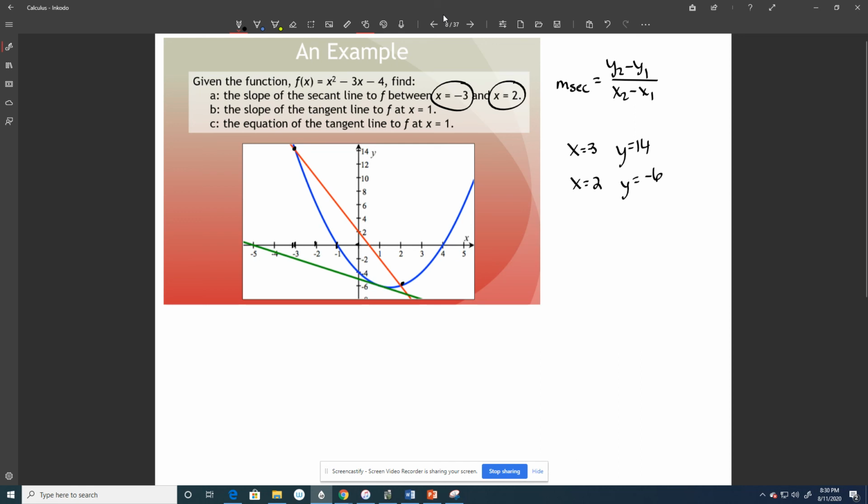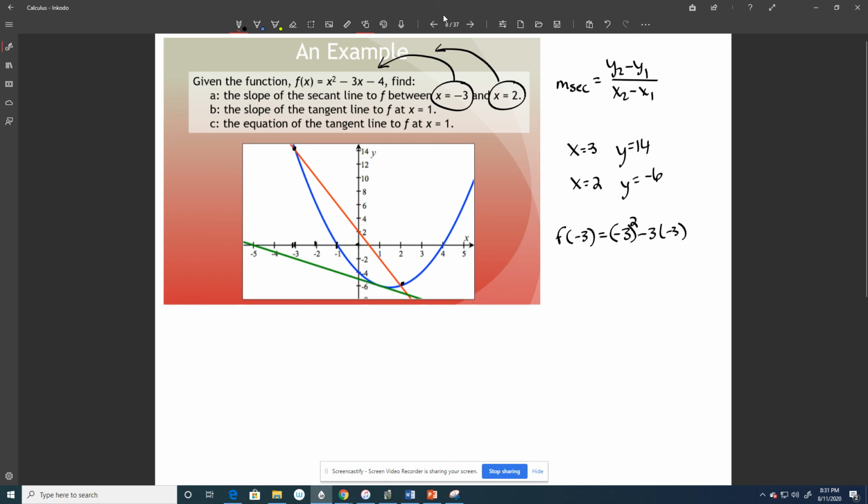Now, if it didn't give you the picture, this one was nice because it gave me the graph. It did a lot of the work for us. If it had not given you the graph, do you remember how to do that? You would take your x values and plug them in to find your y values. So f of -3 is -3 squared minus 3 times -3.